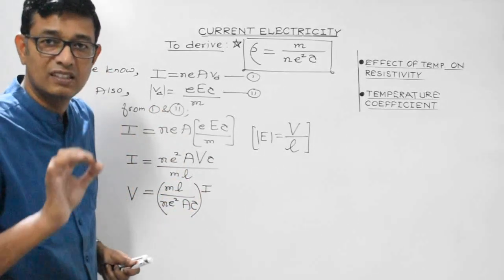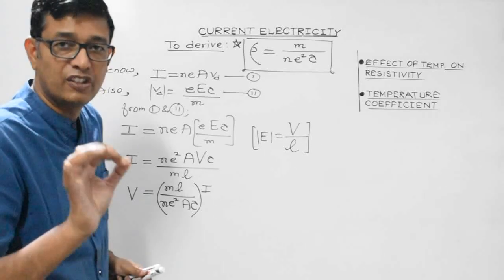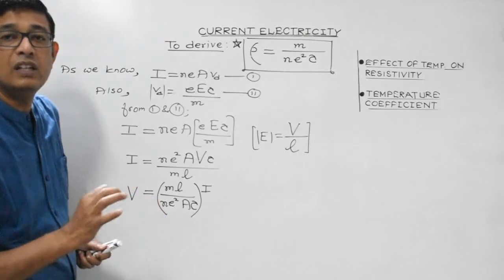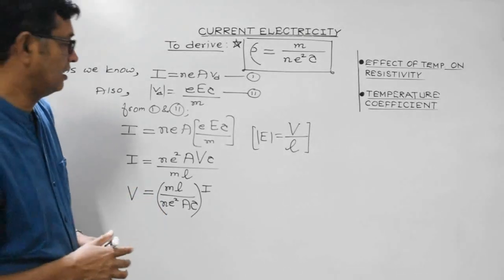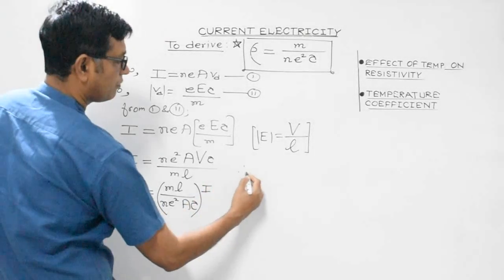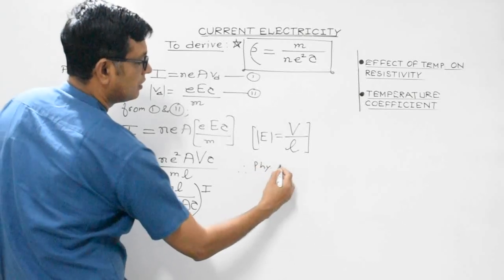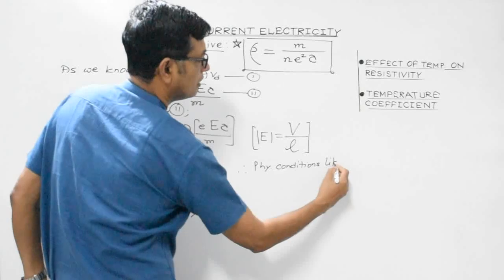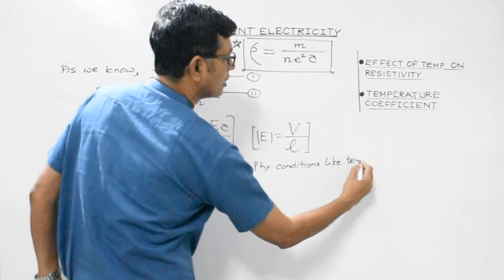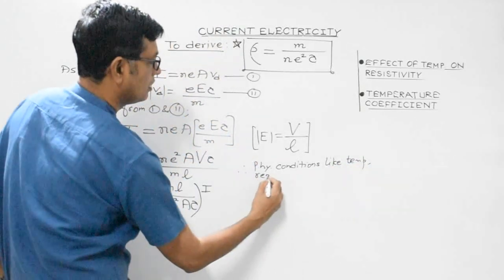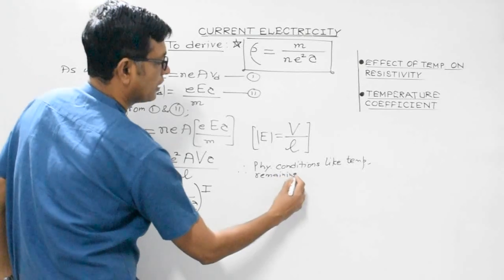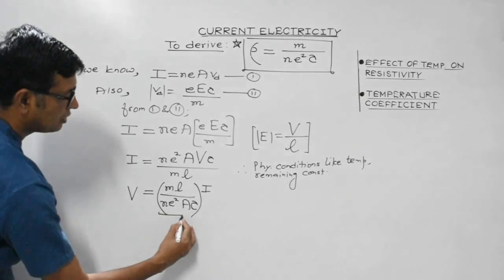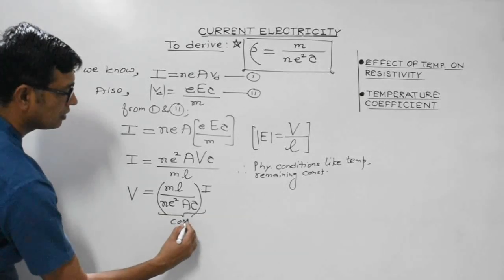So what I mean to say is that physical conditions remaining the same, the entire term inside the bracket would be constant. Therefore, physical conditions like temperature remaining constant, this entire term will become constant.